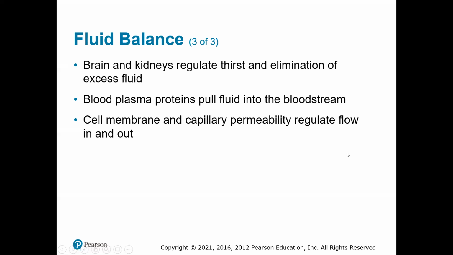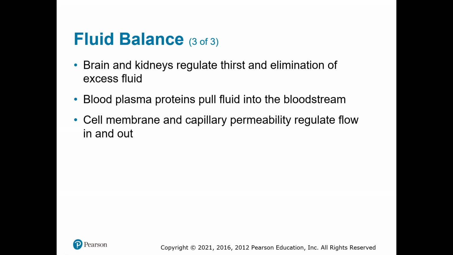Our brain regulates so much of our thirst, and it sends signals to the kidneys to be able to eliminate waste and excess fluid. The plasma proteins will pull fluid in and out of the blood cells. We learned that earlier about the proteins.